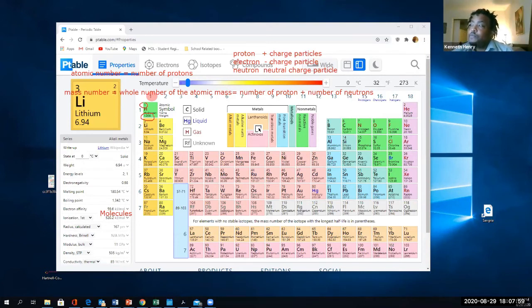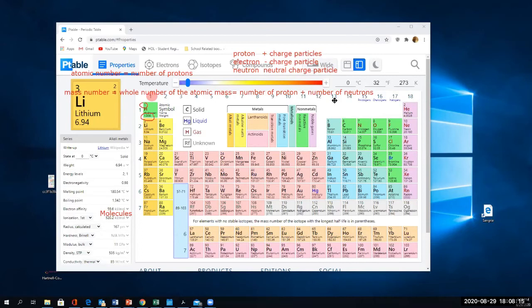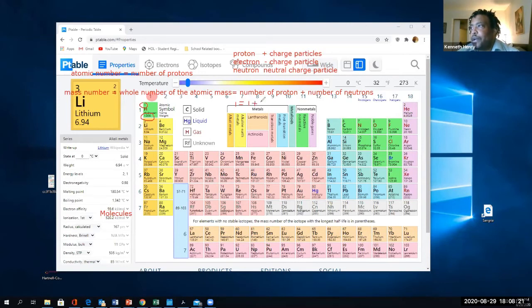Okay. So I have a question. Why is it 0? Because the mass number is going to be 1. 1 equals 1 plus what? What does it have to be? So 1 is equal to 1 plus my number of neutrons. What does my number of neutrons have to be?